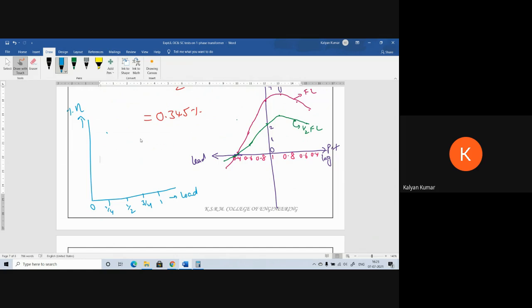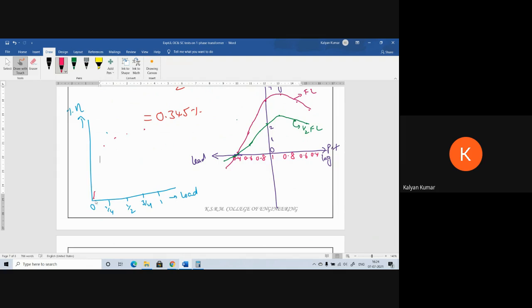So for unity power factor, what are the efficiency values that we got? Those values we need to represent. For unity power factor, at 1/4 full load, what is the efficiency that we got? Half full load, what is the efficiency? 3/4 full load, what is the efficiency? Full load, what is the efficiency?